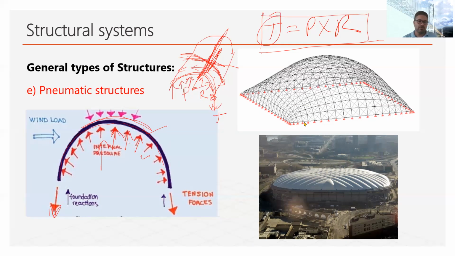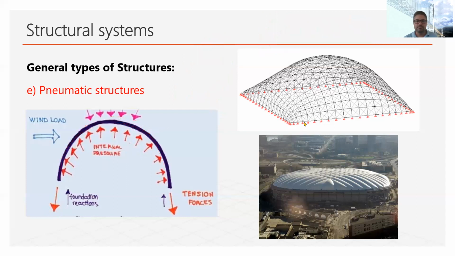Similarly, if I talk about the spherical form, we see curvature in all directions, whether this direction or this direction. So orthogonally the curvature is along all directions. If in such a membrane we induce air pressure and try to find out the tensile force, then the tensile force will be P into R by 2.